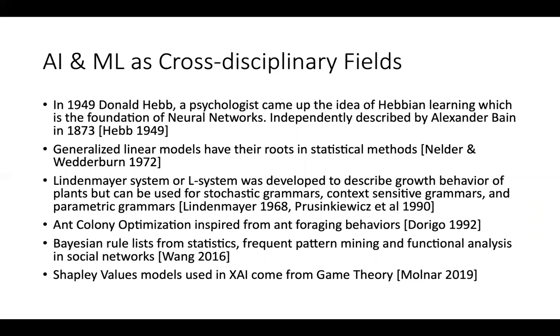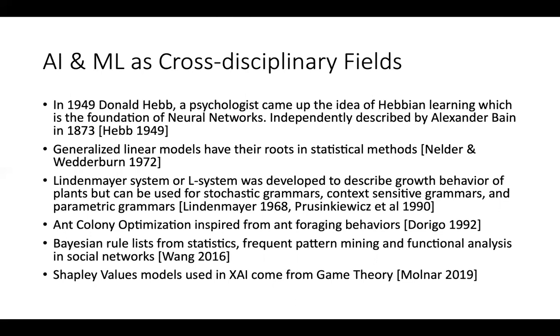And if you look at almost anything within machine learning, for example, it has its roots in statistical methods. Things like Lindenmayer systems, which were developed to describe the growth behaviors of plants, were subsequently used for describing grammars. There's a whole field of biologically inspired computing, the most famous example being ant colony optimization.